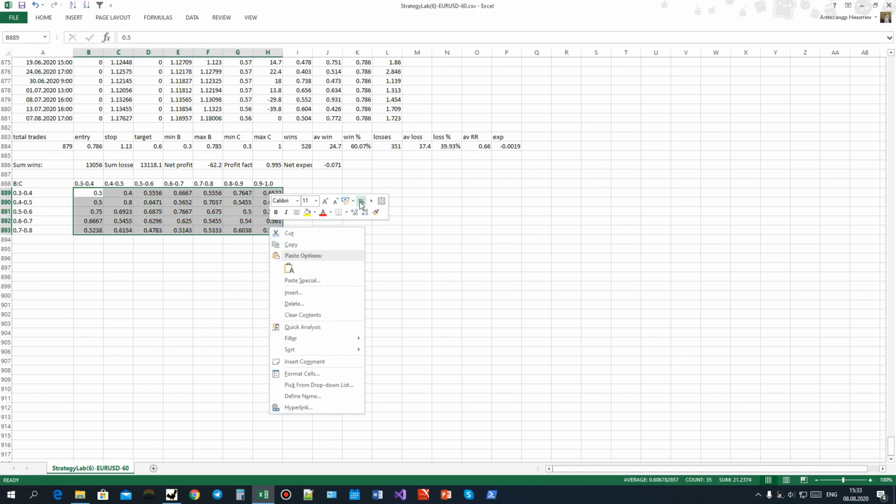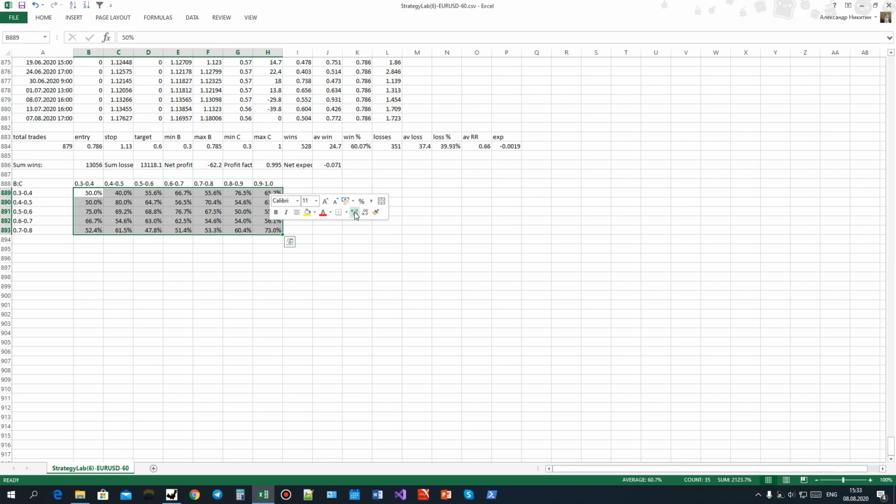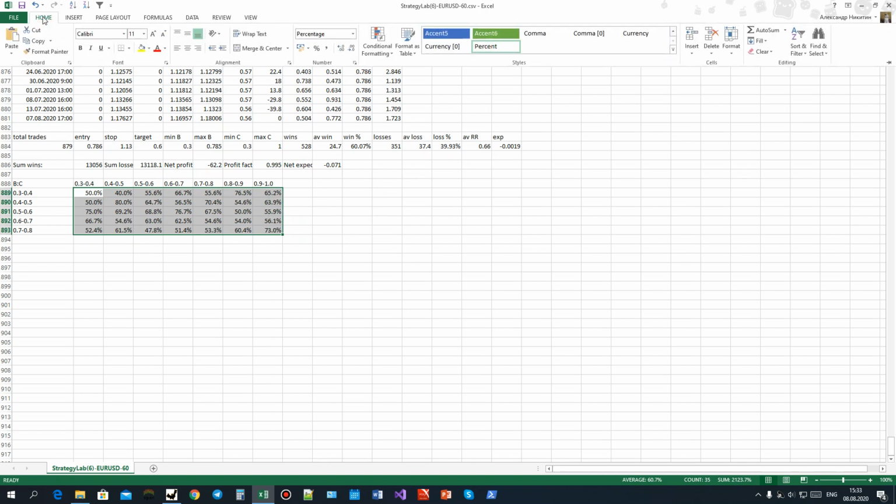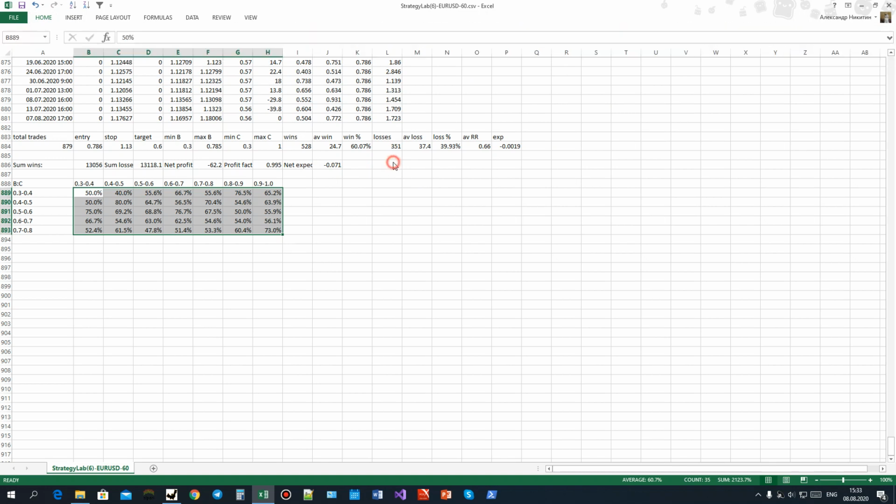So we turn this into percentages like this, then we go to home, and by the way, let's calculate which percent gives us positive expectancy.